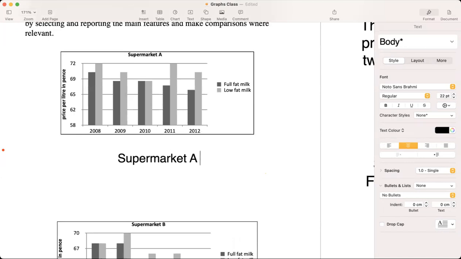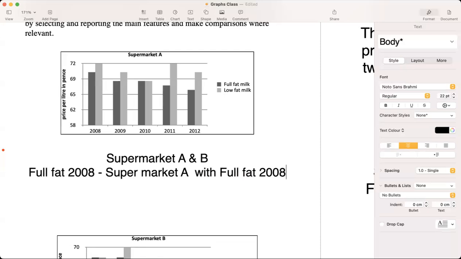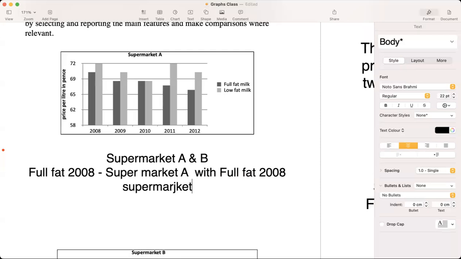So we are comparing supermarket A and B. And if you look at it, I made 10 comparisons. First, I did a comparison between full fat, 2008, supermarket A with full fat, 2008, supermarket B. Is it clear?